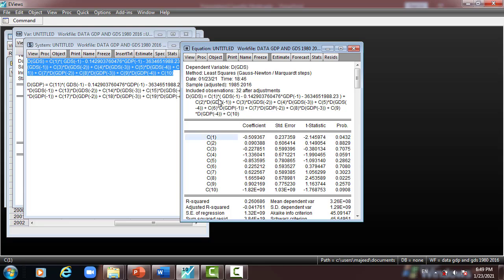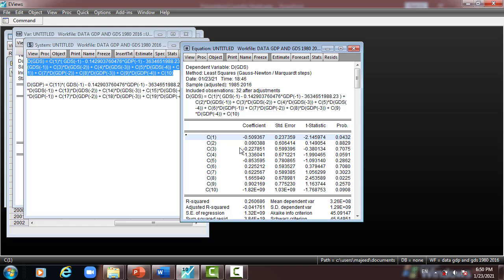This is how to interpret long run causality when the error correction term is negative and statistically significant: GDP causes GDS in the long run, or there exists long run causality between GDP and GDS.